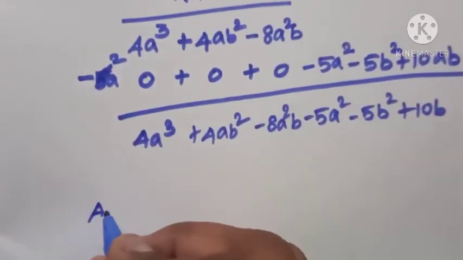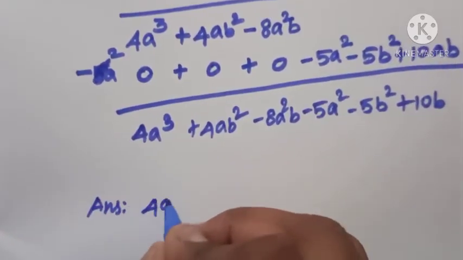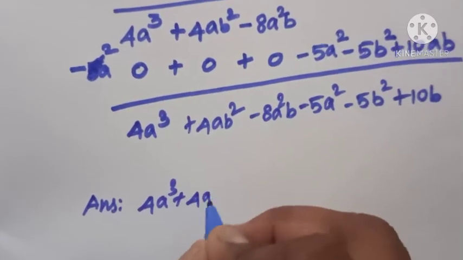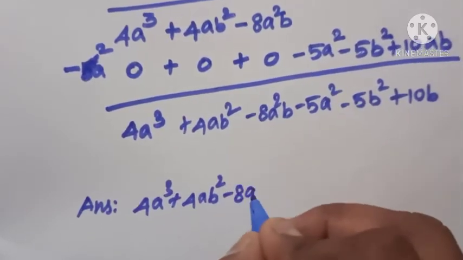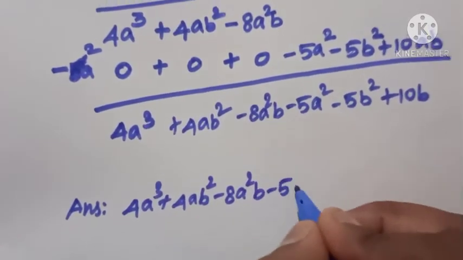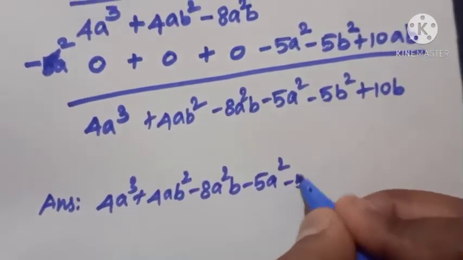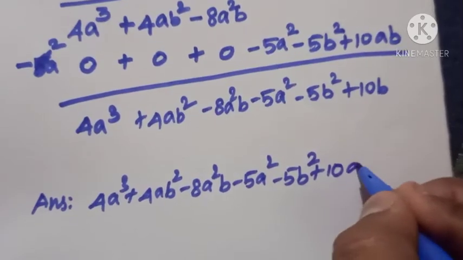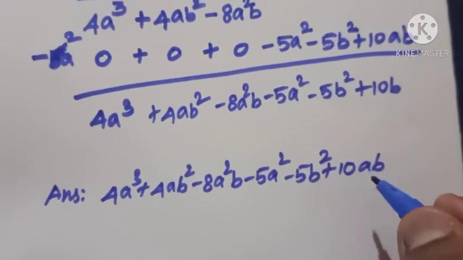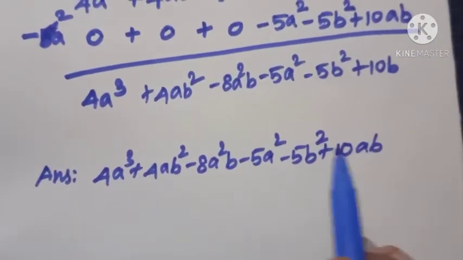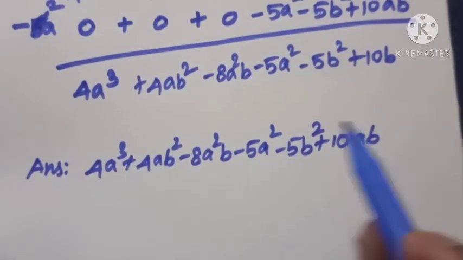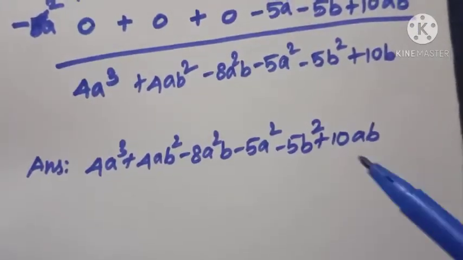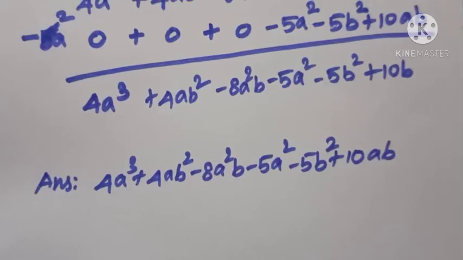The answer finally is 4 a cube plus 4 a b square minus 8 a square b minus 5 a square minus 5 b square plus 10 ab. So this is the value. You can check with all the terms. There is no like term, so we can't add or subtract with any other terms.